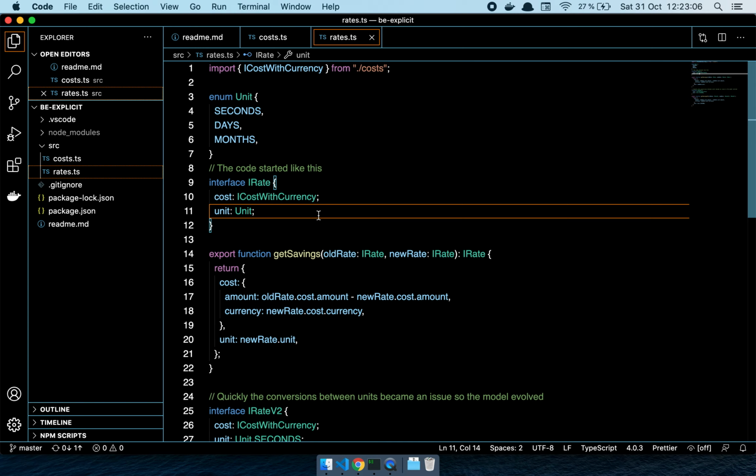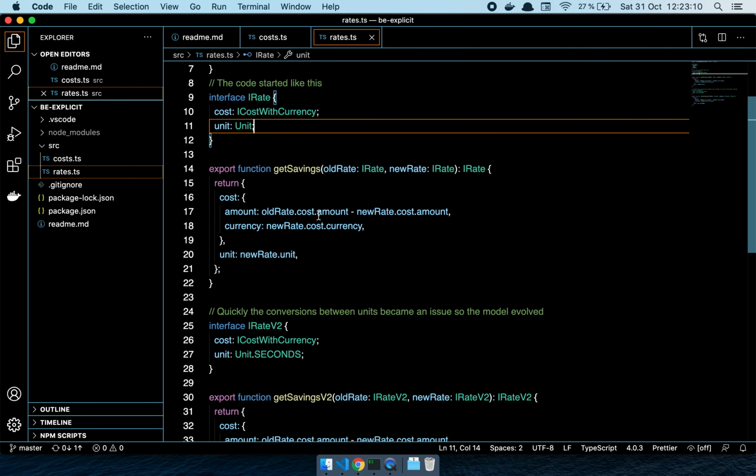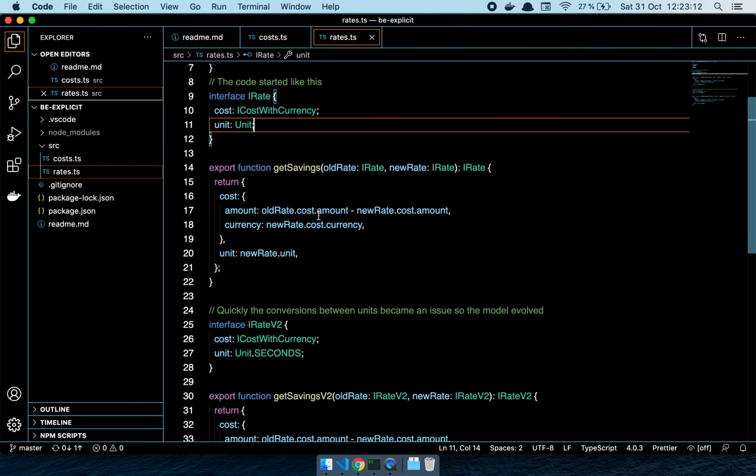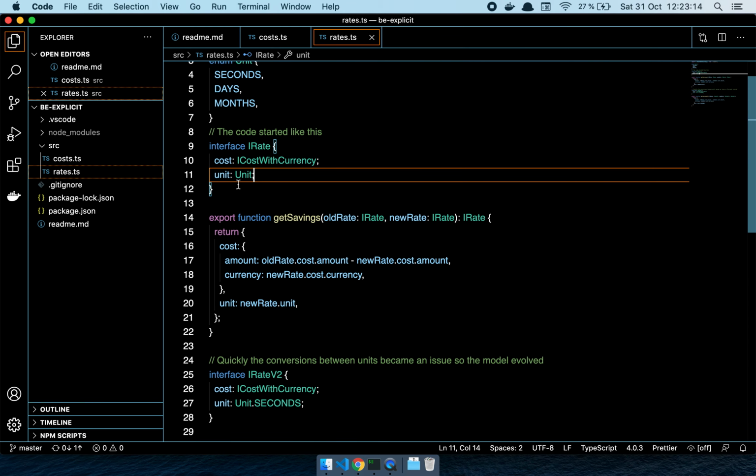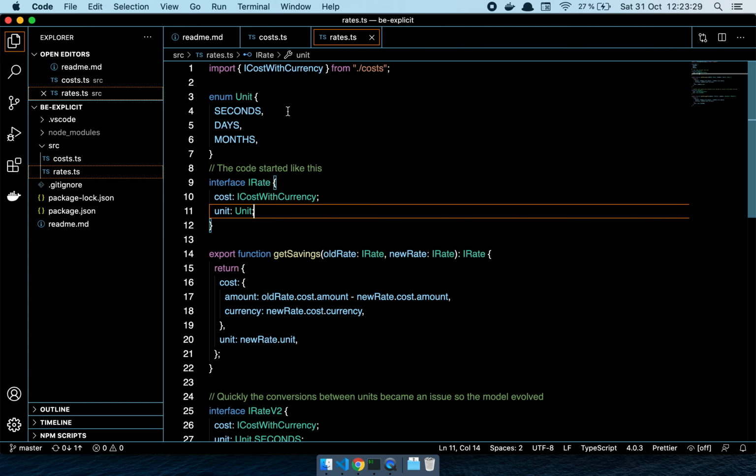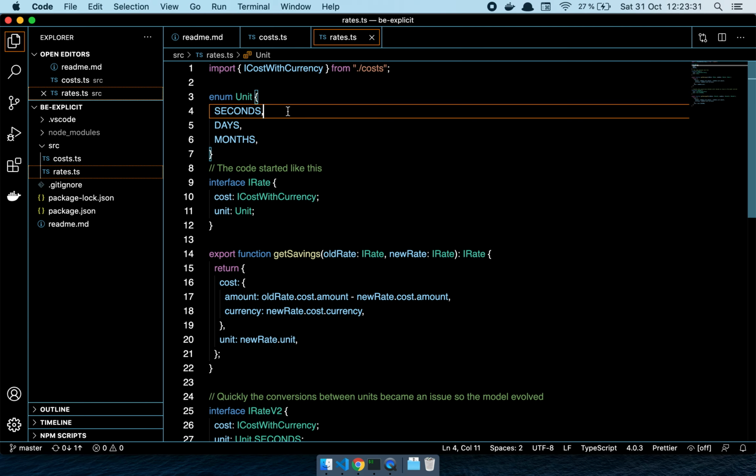The thing that was really, really bad though was the fact that he never really restricted the unit. What I mean by that is we started mixing from business requirement to business requirement, because in one market they wanted us to store the rate per second.